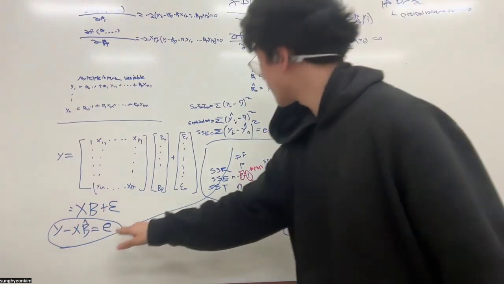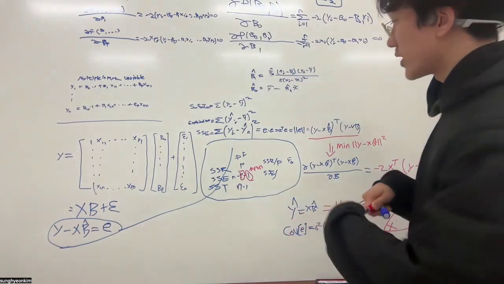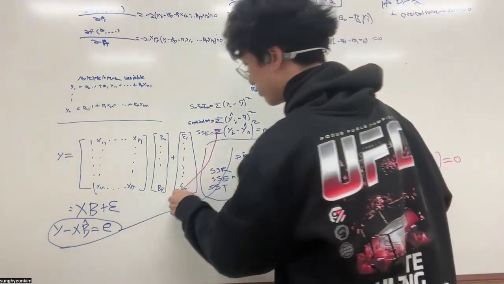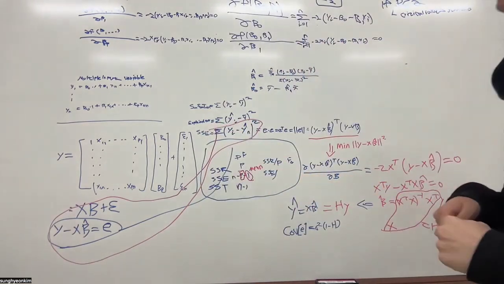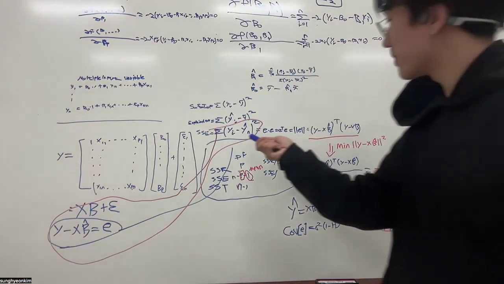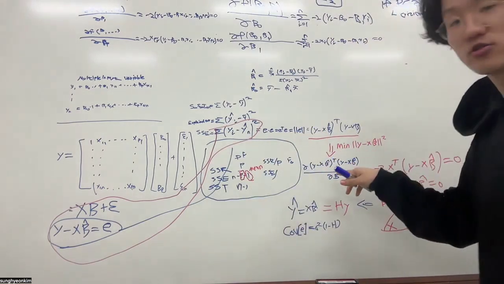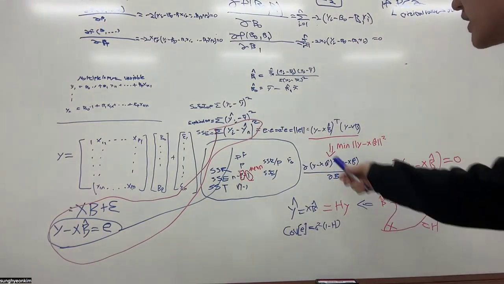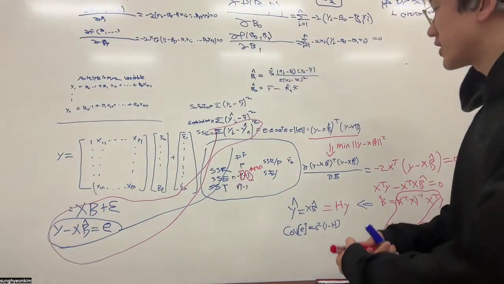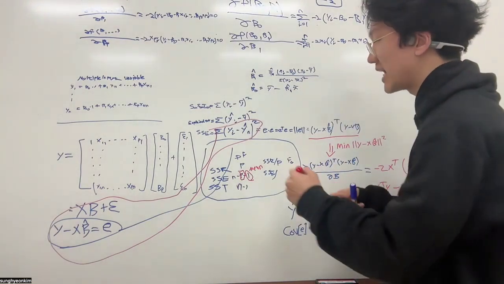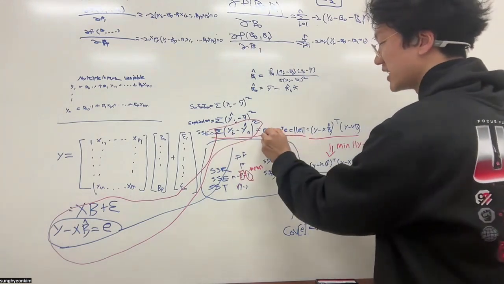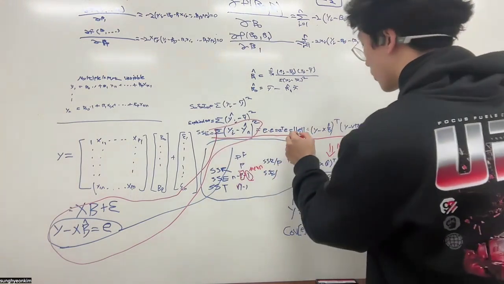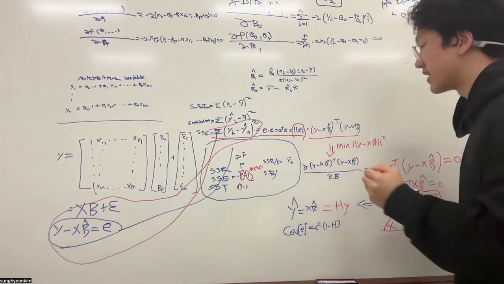Then we can represent it as y minus y hat, and we need to differentiate it, so we scale it. Then y minus y hat can be represented as e dot product e, or the vector e's length.